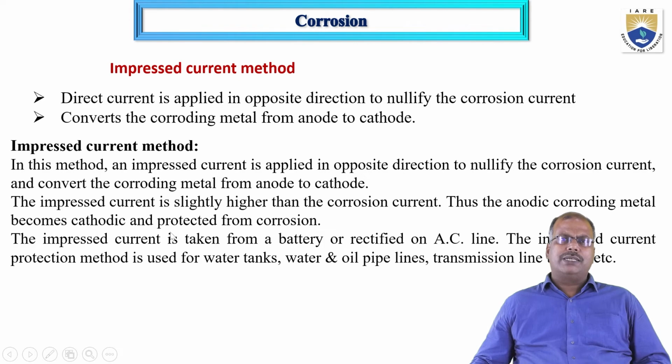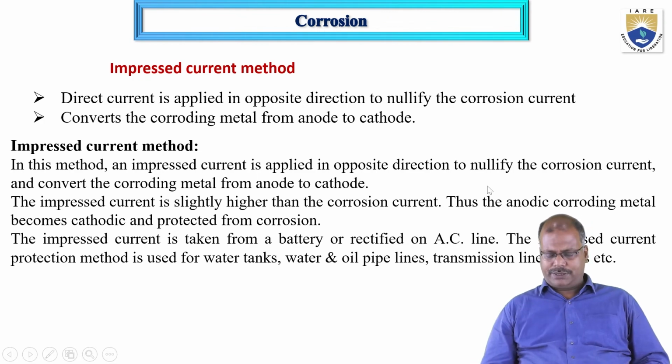Obviously, the impressed current is taken from a battery or an AC line, rectified. The impressed current protection method is used for water tanks, water and oil pipelines, transmission line towers, etc. All those things are prevented from corrosion by the impressed current method.